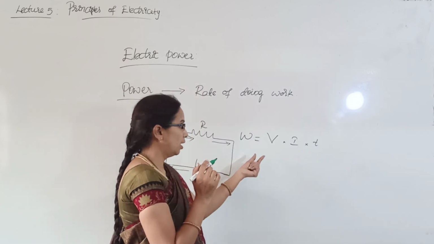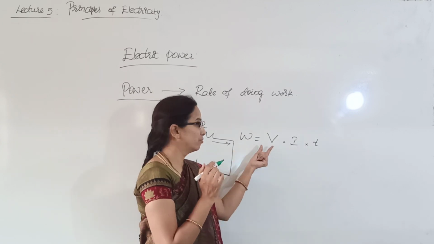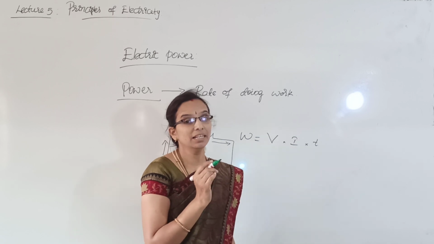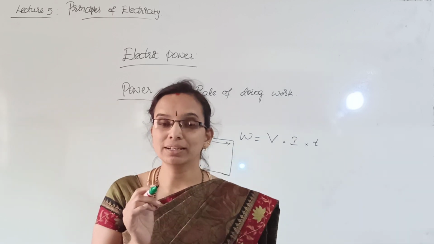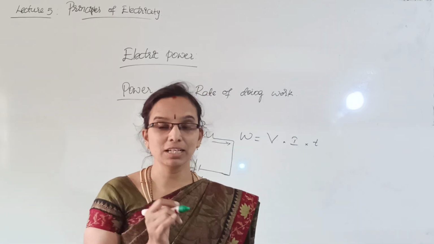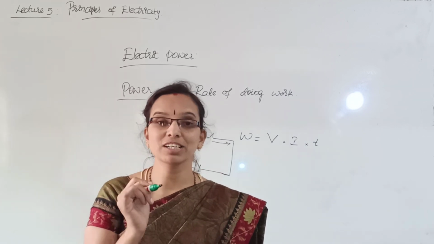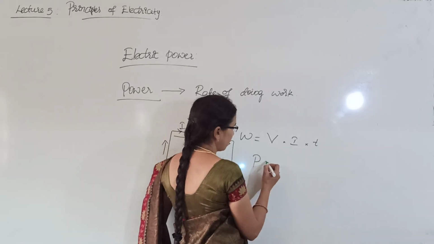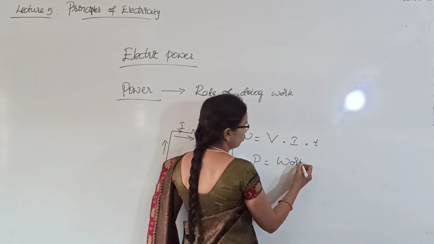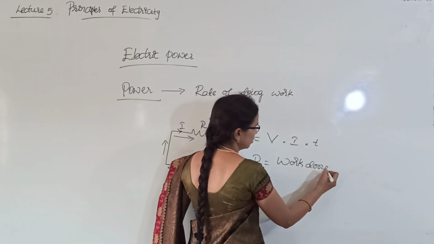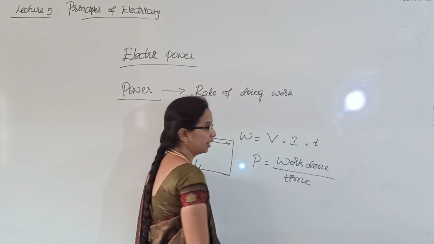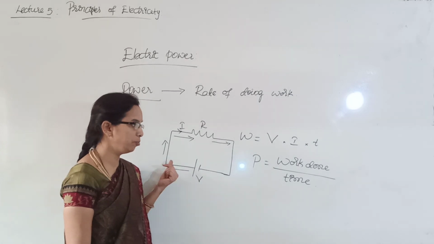So that is called work done. Power is defined as work done by time. That means rate of doing work is nothing but power.